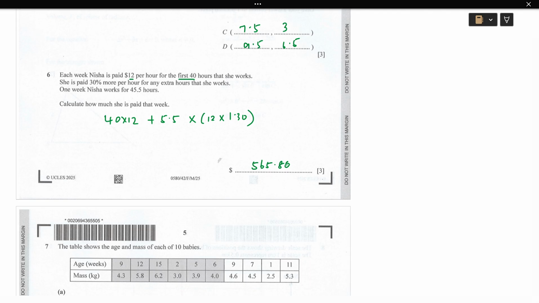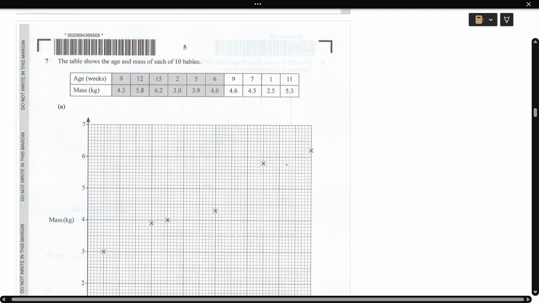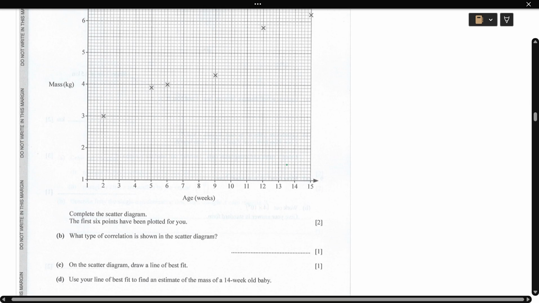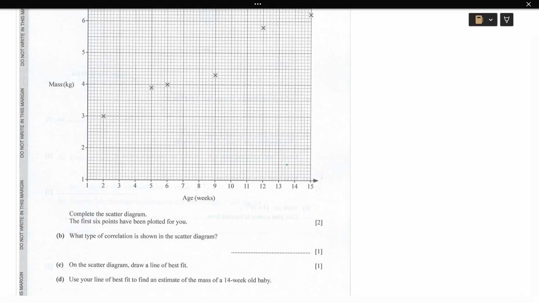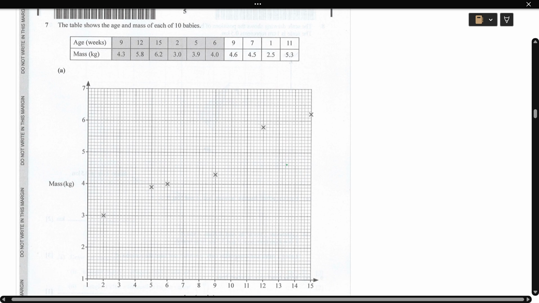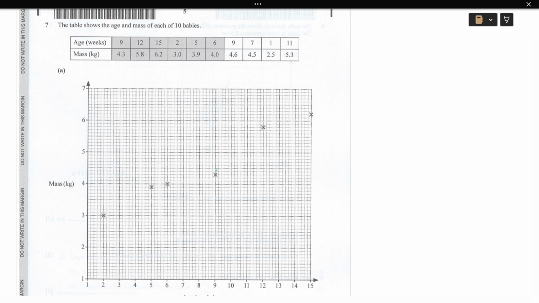Okay, so next question. Complete the scatter diagram. The first 6 points have been plotted for you. So the rest we are going to plot: 9 and 4.6, approximately here.